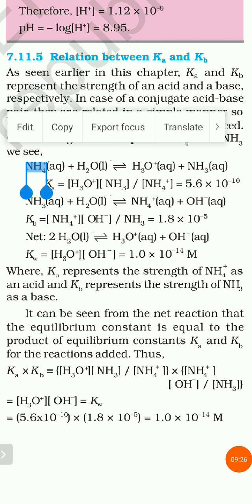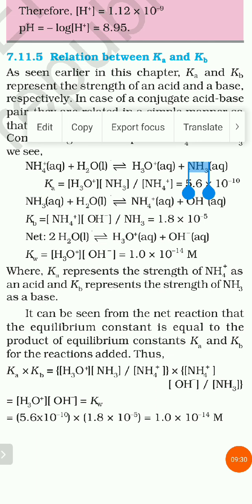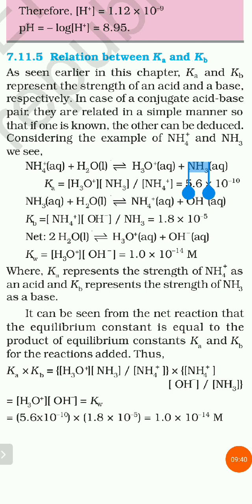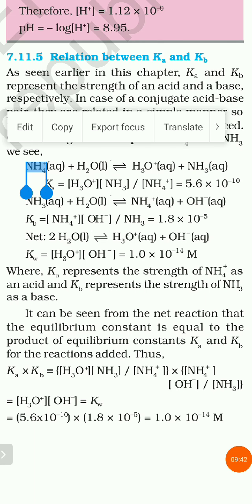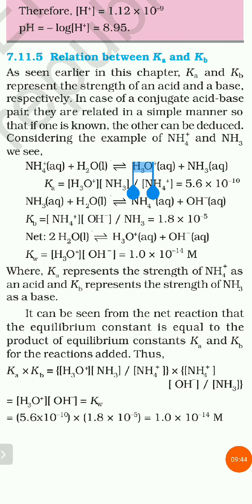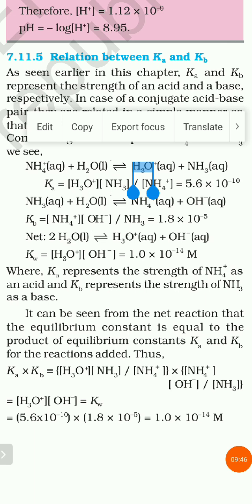Initially, how many hydrogen atoms are there? Four hydrogen atoms. But in ammonia, only three hydrogen atoms are there. That means one proton is transferred. This H plus combines with H2O to give the H3O plus ion, the hydronium ion.